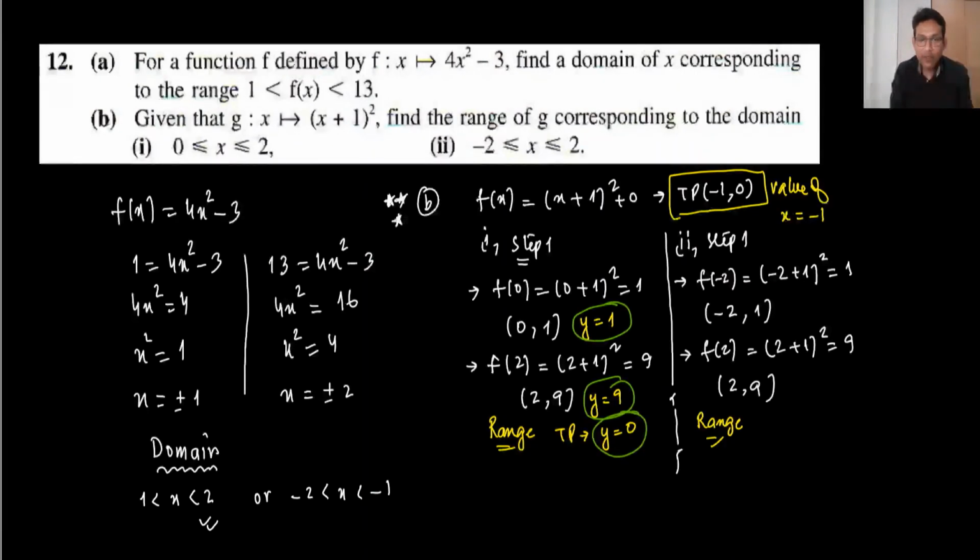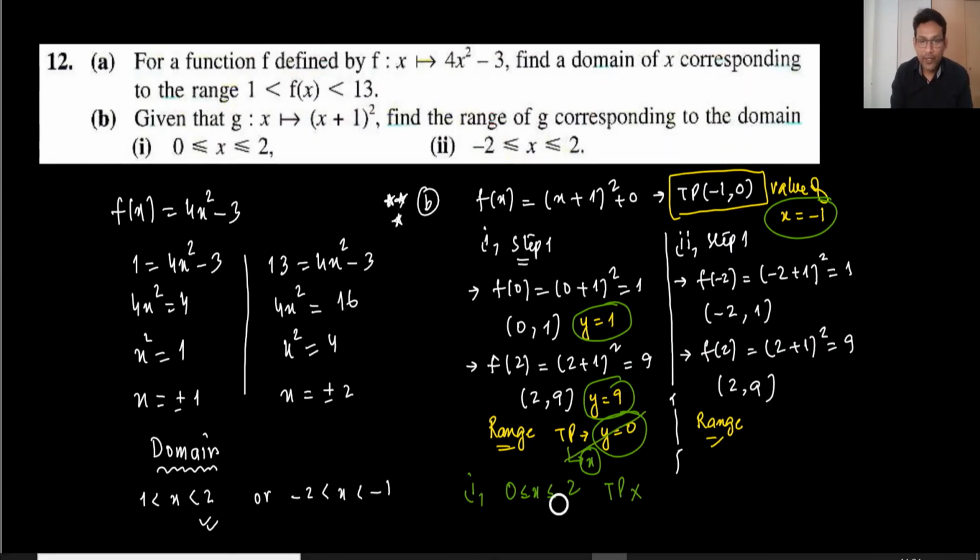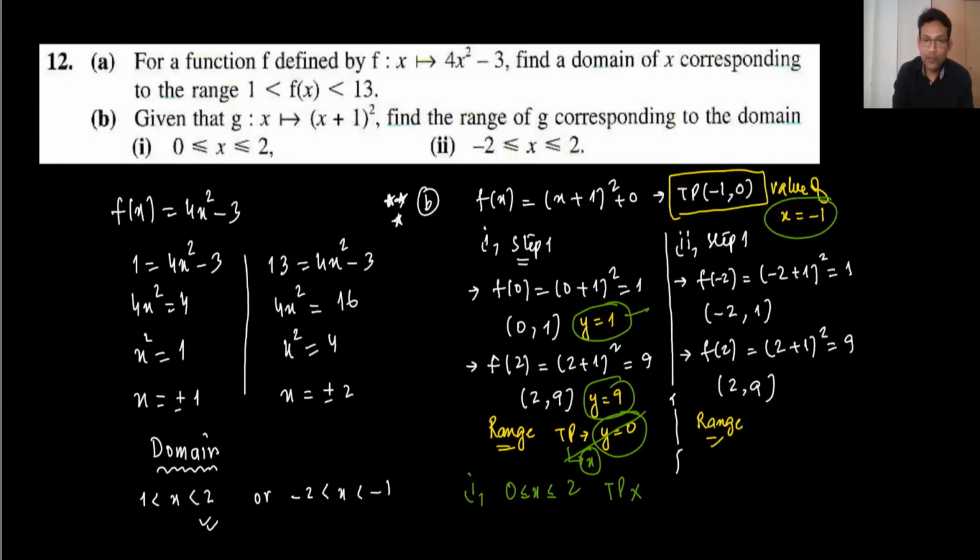But one thing, check the turning point's x in the given domain, 0 to 2. This turning point, x equals minus 1, does minus 1 lie in this given domain, part 1? Yes or no? Check it out, minus 1 is not here. So do not use the turning point. The right answer will use the values from 1 till 9. So the smallest value is 1 and the largest is 9.